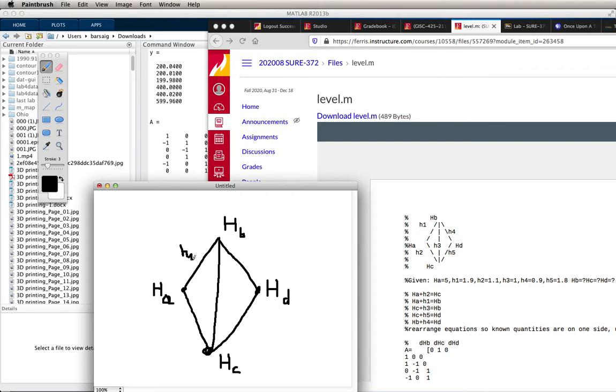This is measurement number 1, and it's going this way. This one is going this way. This is measurement number 2, little h2. This is H3.